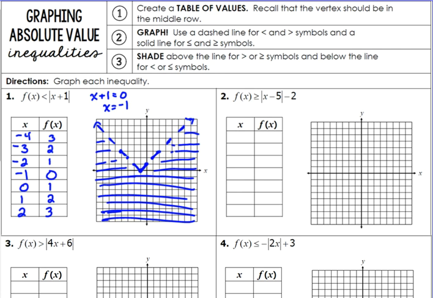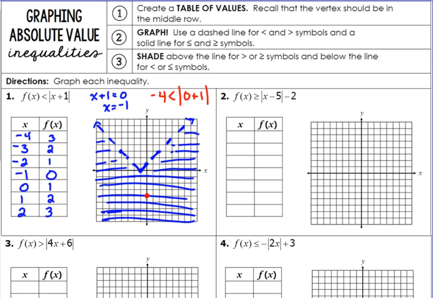All right, so what this means is any point in that shaded region will make this inequality hold true. So let me just pick 0, -4, okay? If my y value is -4 and my x value is 0, is that inequality true? -4 is less than the absolute value of 1.